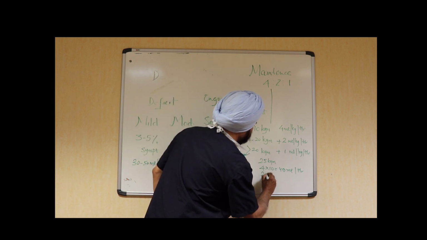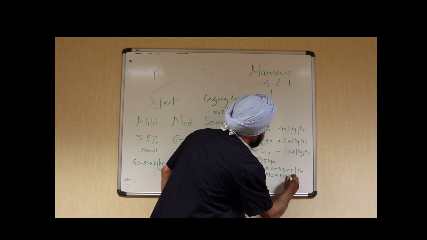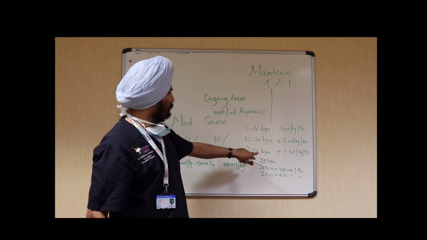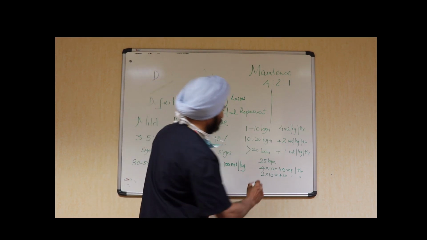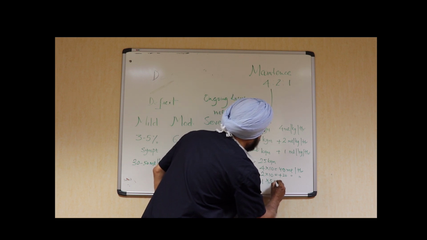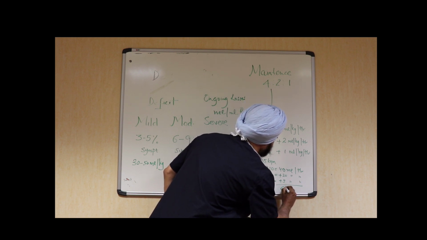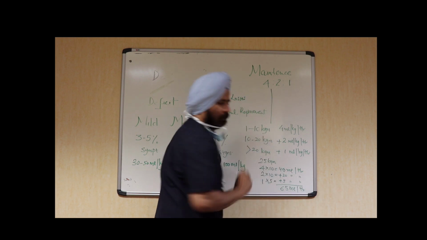So this will get 2 into 10, an additional 20 ml per hour. And the next 5 kilogram falls into the category above 20 kilogram, which will get 1 ml per kg per hour. In other words, that 5 kilogram will get 1 into 5 is equal to another 5 ml per hour of fluid. And if you total it out, the child needs 65 ml per hour of fluid.